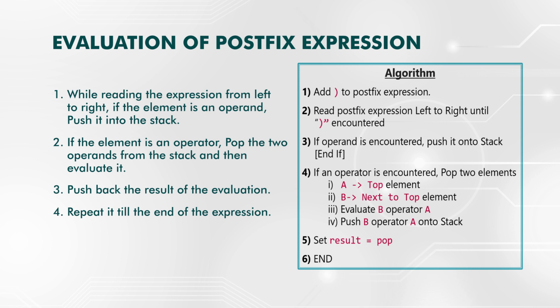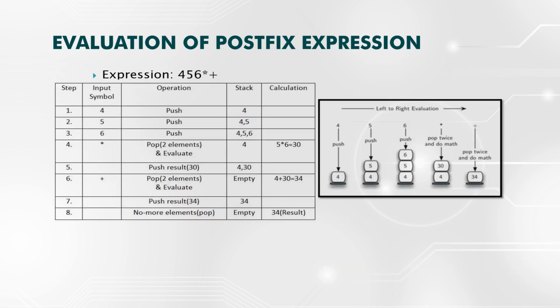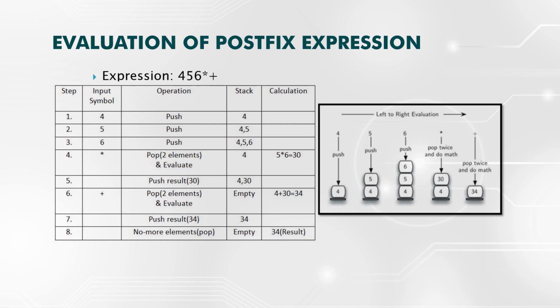So, the expression will be scanned until a right parenthesis is encountered, and whenever an operator is encountered, we will be performing the step 4 repeatedly until the right parenthesis. Finally, if you are left with a single element in the stack, that element will be popped out and assigned to the result variable. Let us see an example here.